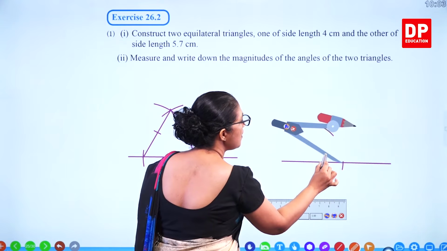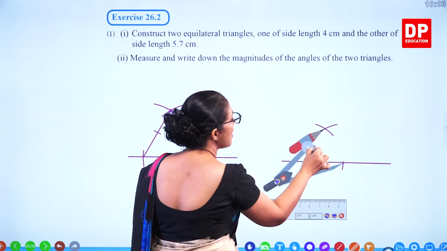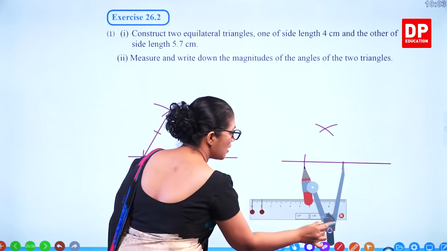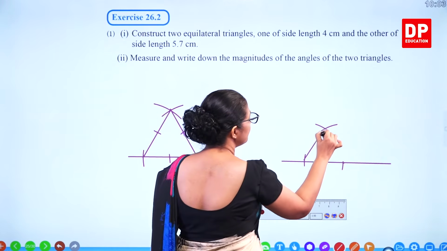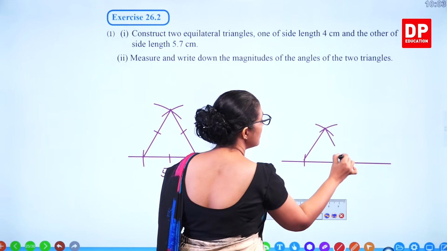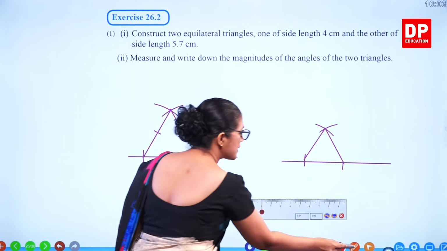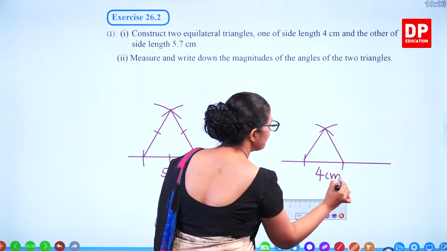And again keep on top of this point and draw this arc and the other one. Now we have the 3 points and you can connect. Here to here, here to here. What's that triangle? Side length 4 centimeters.